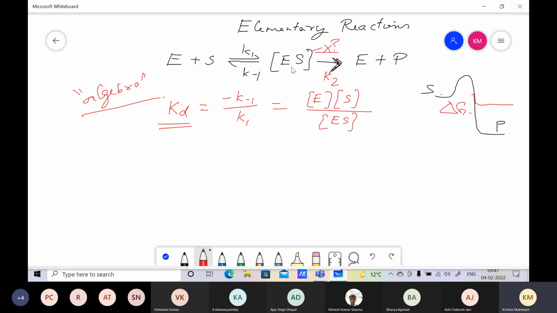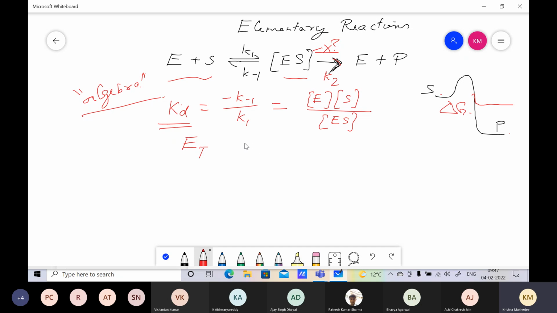So the enzyme is either here or here. It's also here, but I'll come back to that. So this relationship is very important. What is the relationship between ES and E plus S? That is simply given by the dissociation constant, E into S upon ES, right? And now we have a very simple method. We say, what is the total amount of enzyme?